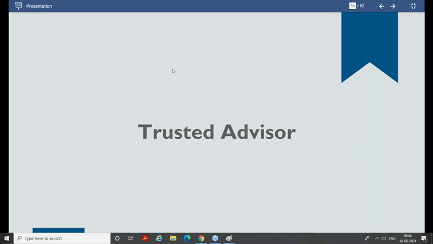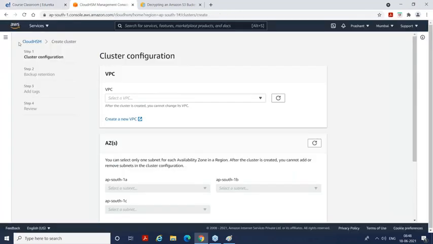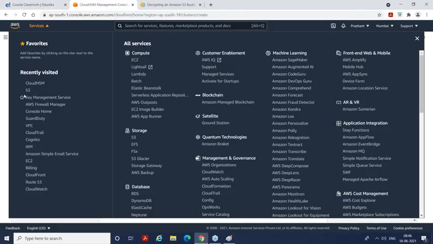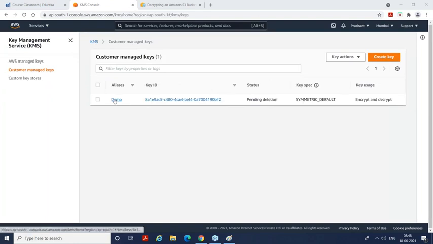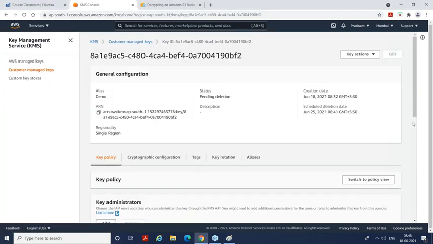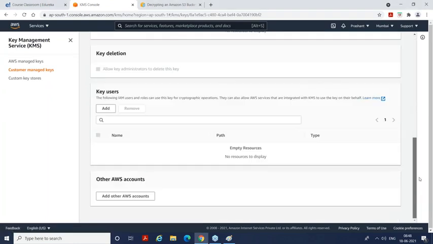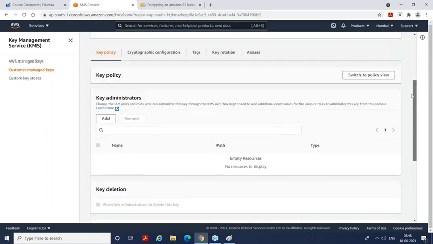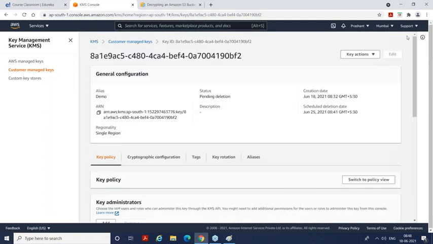Do KMS and Cloud HSM store any logs about encryption? Yes, obviously. It does have logs. You have configuration for that also. You have provision for that also. I did not define it here, but you have a provision where you can define that the logs also be generated.